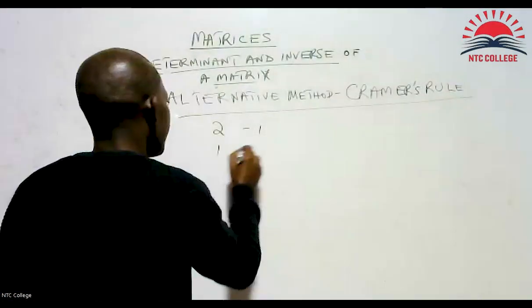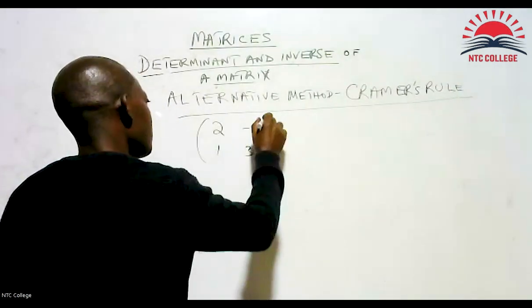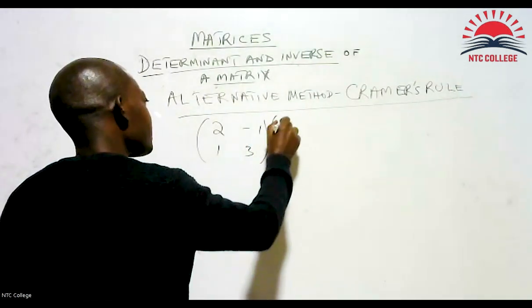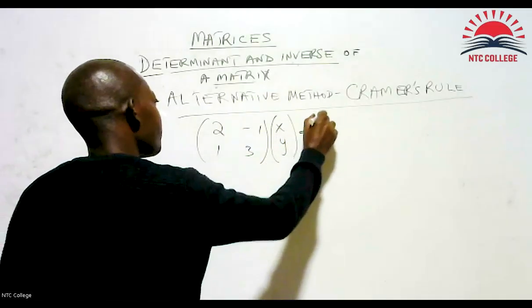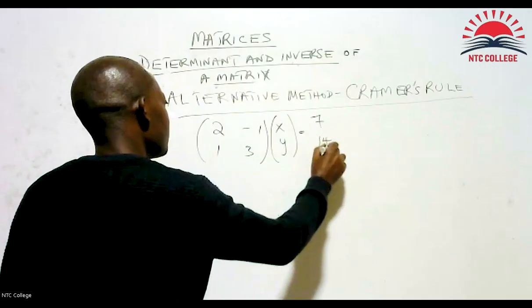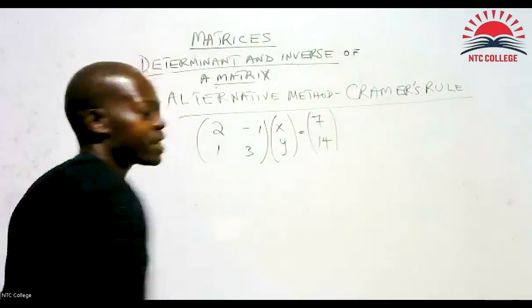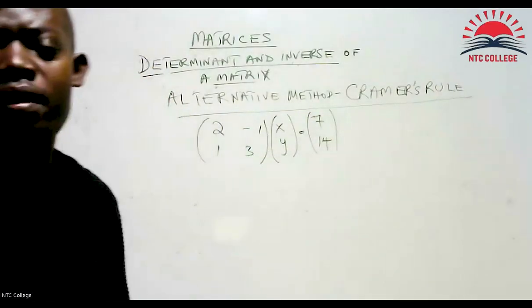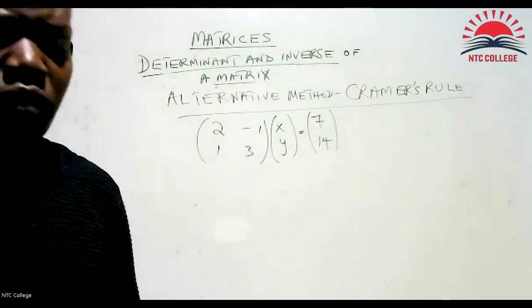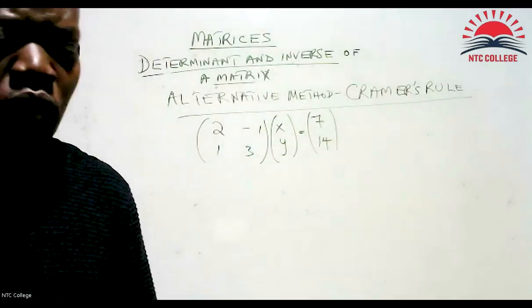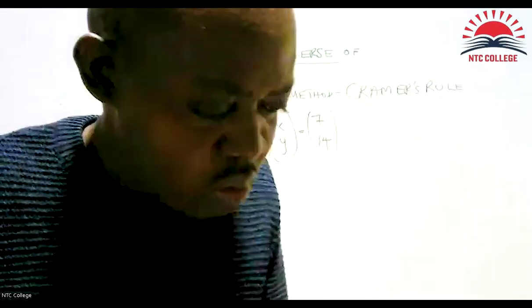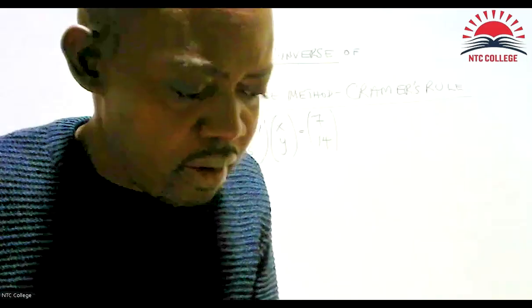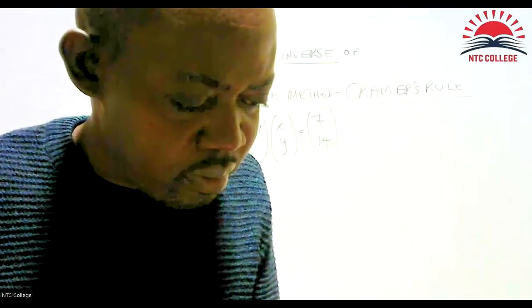You must indicate this. X, Y was equated to 7, 14. That would be the first step, because if you opt to use this rule, you still have to form the matrix. The matrix would always be seen.